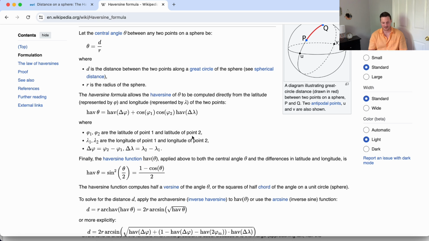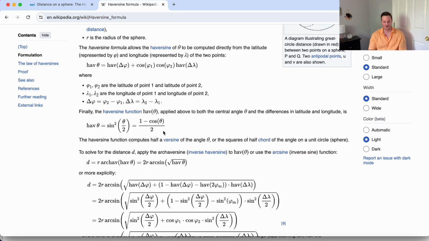Hopefully that makes sense. And just a quick one here too, you can see that sine squared theta over 2 equals 1 minus cos theta over 2. That comes from knowing that cos 2 theta equals 1 minus 2 sine squared theta. Halve the angle, rearrange, and that gives you that.